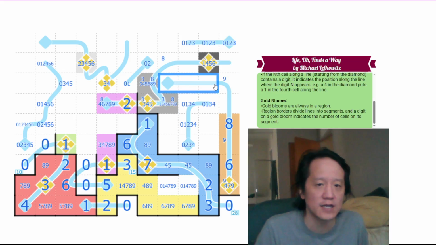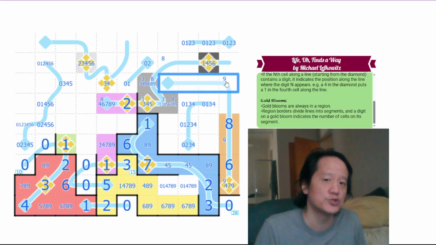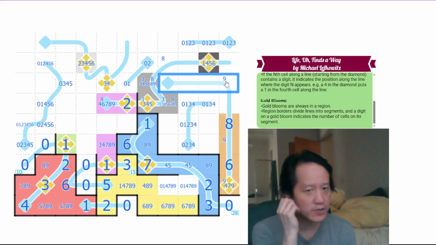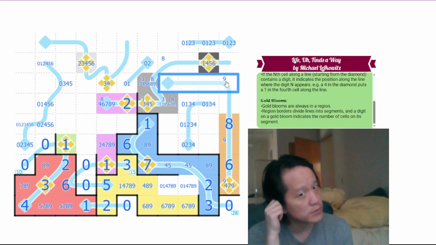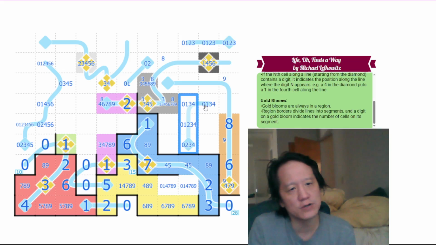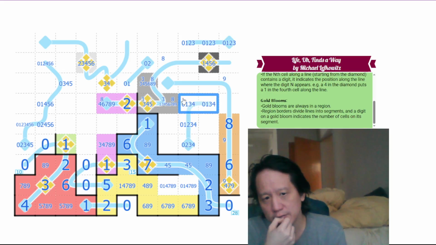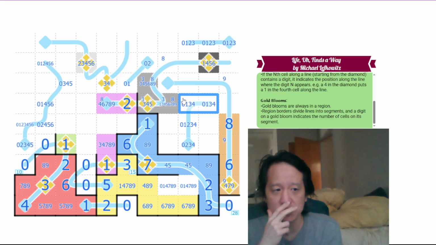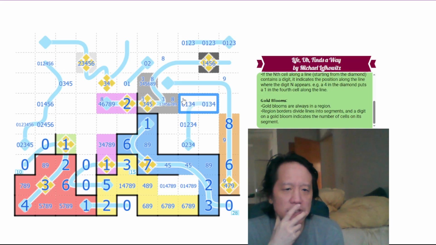This is guaranteed to have at least 2 cells here. Okay, but it could be a completely different region. That's the thing. Well, we don't know. It's every row, right? So the restrictions are on the rows where we can only have 2 empty. We have to have exactly 2 empty cells.